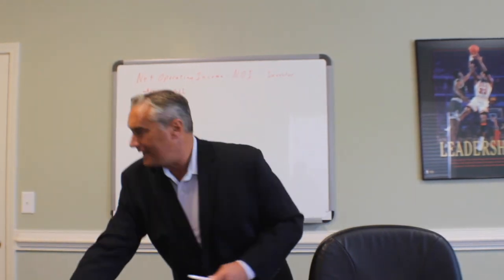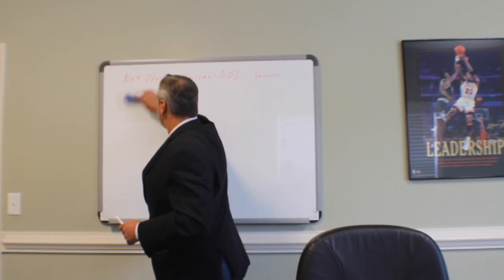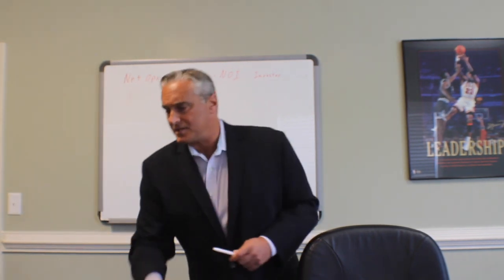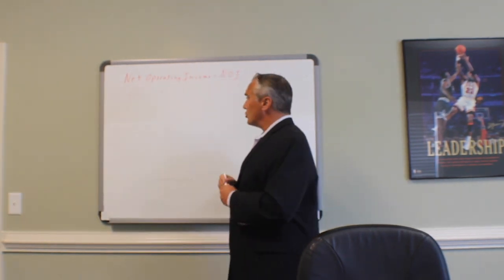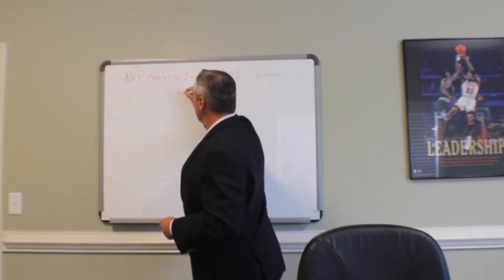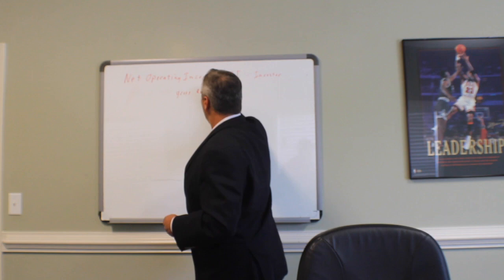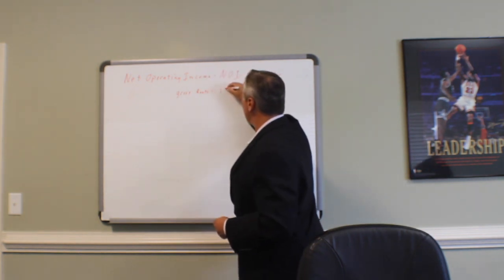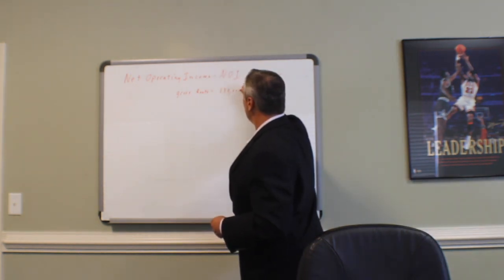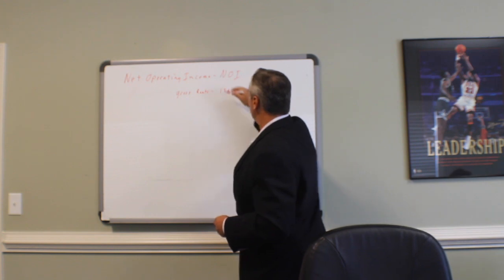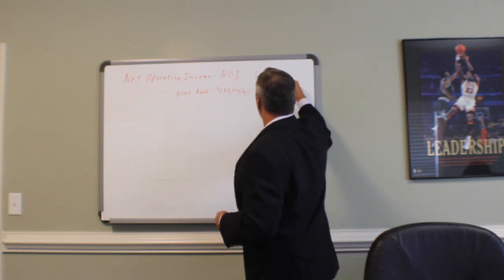So let's say on this $1 million property, it has gross rents of $150,000 a year, and you're buying it for $1 million.